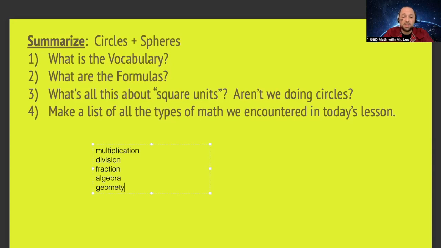This is all considered geometry. Geometry is measuring shapes and whatnot. What else did we deal with today? I saw some decimals. We did some calculator skills. And what else did we do? We did formulas. Yeah, it's pretty good. Am I missing anything? What else was covered in today's lesson? What else was involved in today's lesson?